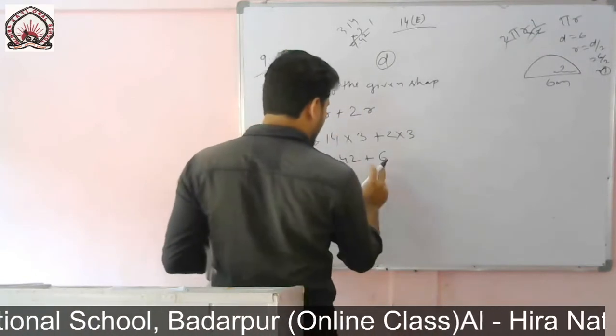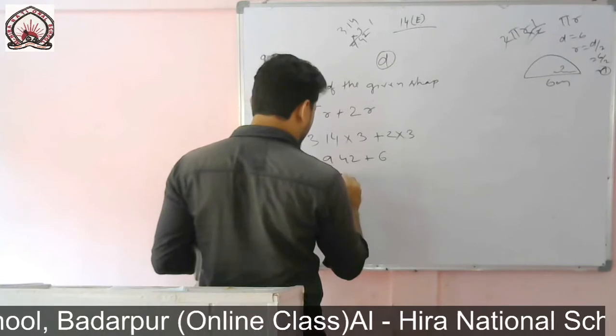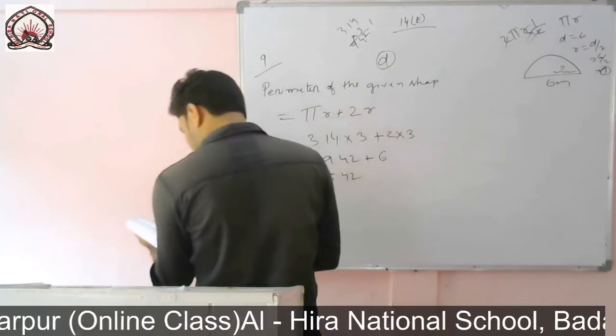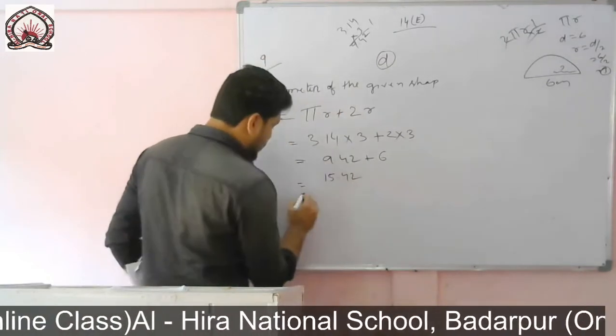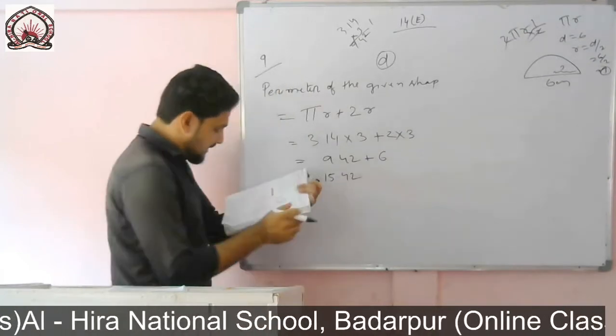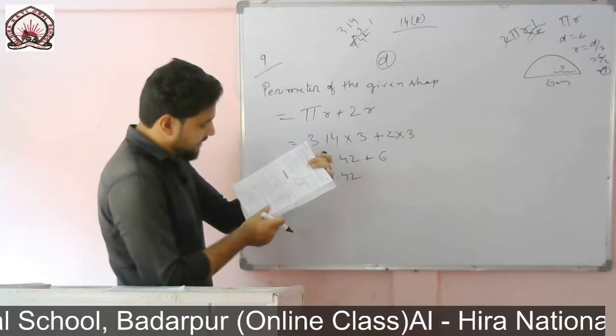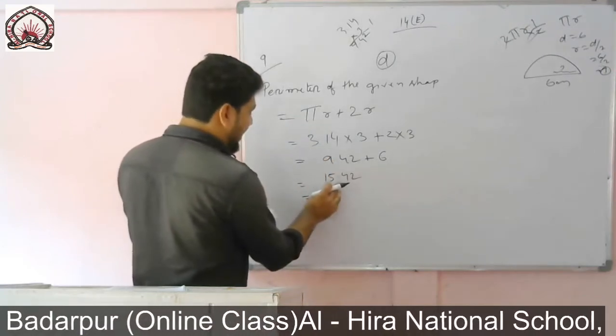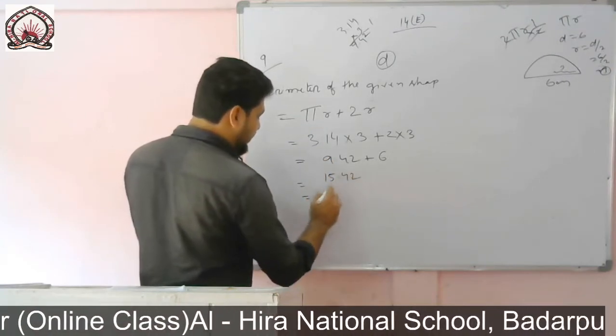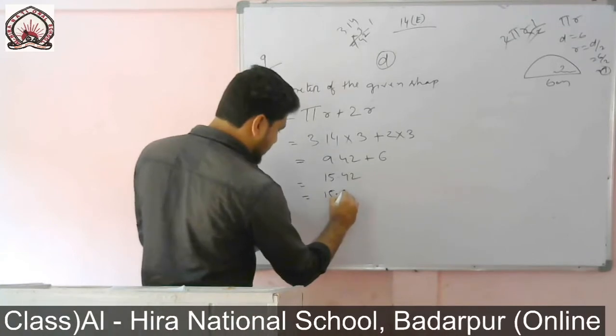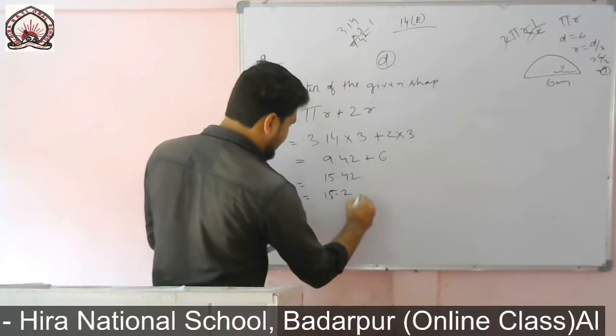You can say 15.42. But the question says to find the perimeter to 1 dp, which means 1 decimal point. So don't write 2 decimal places, you write directly 15.4 as the required answer.